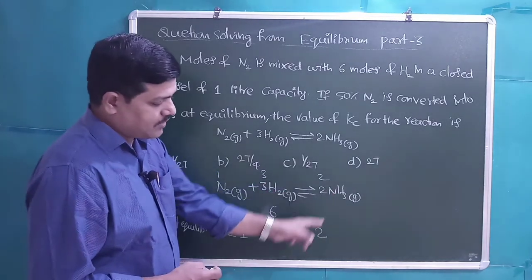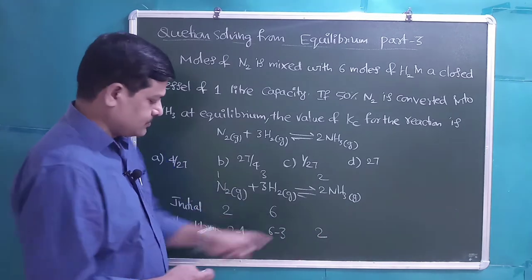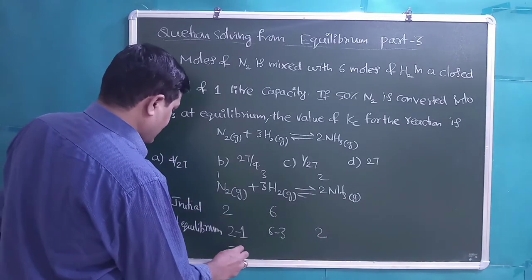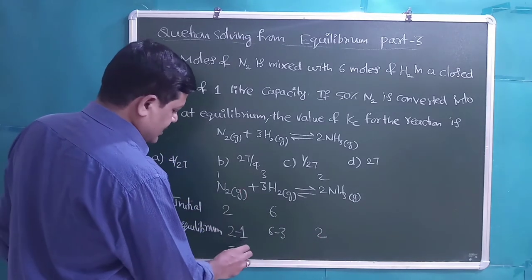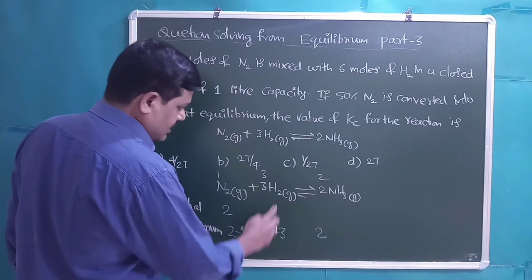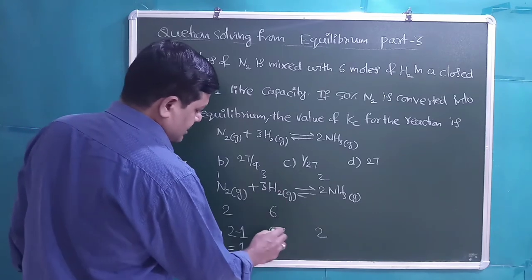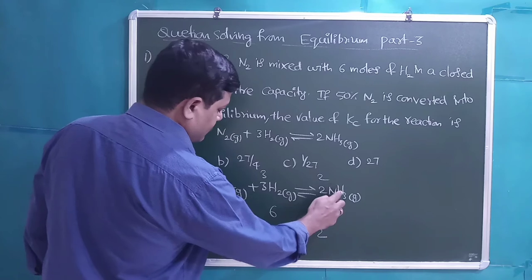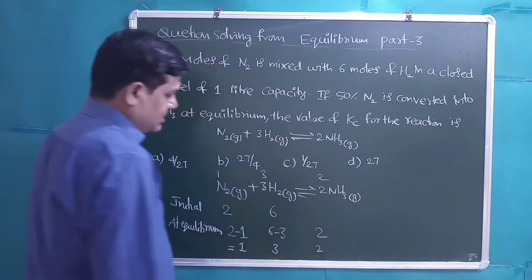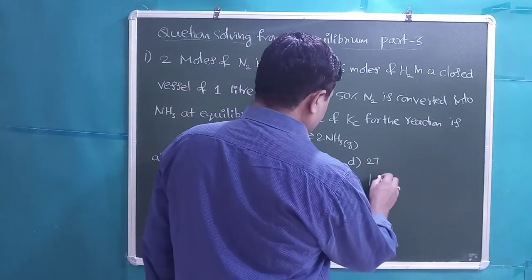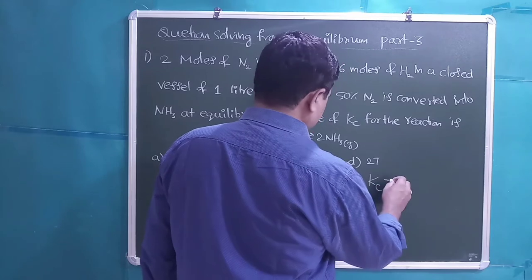Number of moles of ammonia formed is 2 moles. Simplifying: moles of N2 at equilibrium is 2 minus 1, which is 1. Moles of H2 is 6 minus 3, which is 3. Moles of ammonia is 2. Then let us write the expression for Kc.